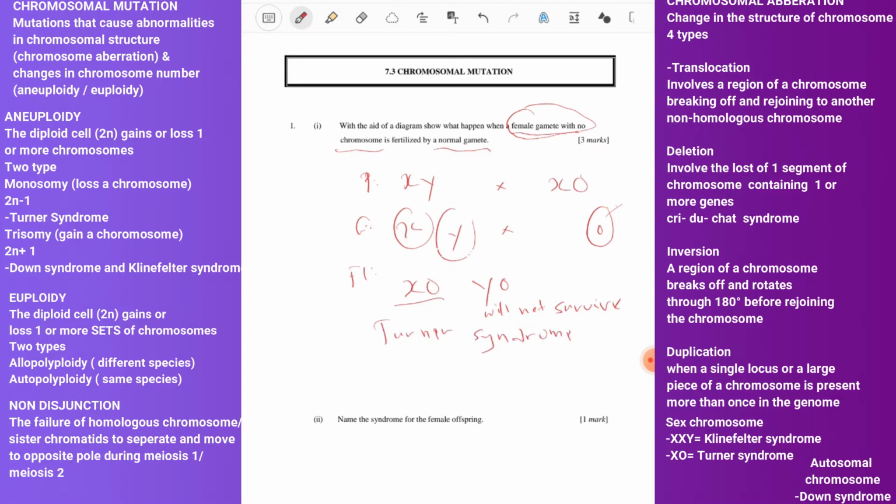XO is Turner syndrome. So these are the answers. Name the syndrome for the female offspring. The female offspring here will become Turner syndrome.